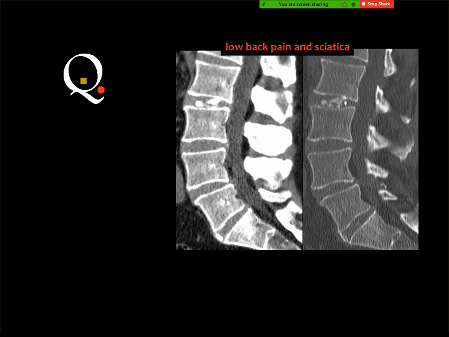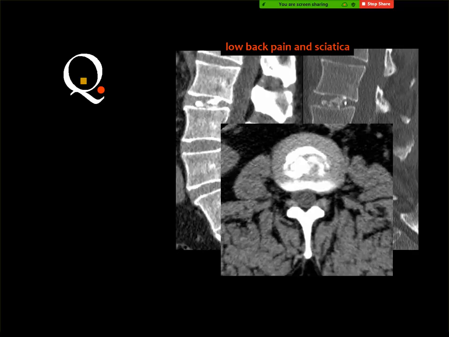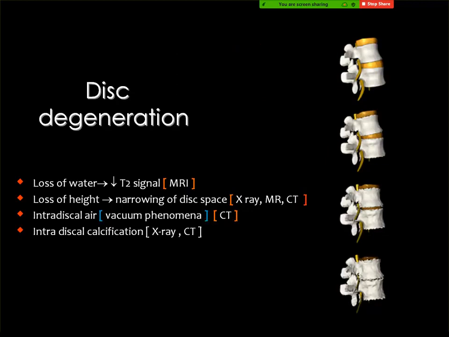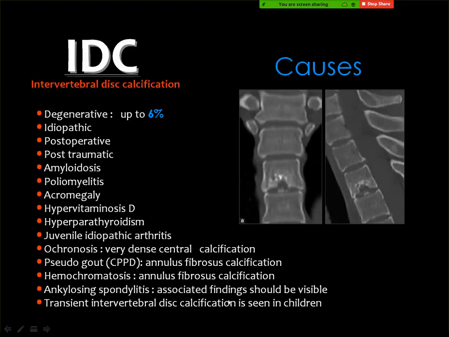This classification. Yes, and this is disc calcification, and here you can see the differential diagnosis of calcified disc. You remember that I mentioned in the degenerative diseases of the spine that the disc degeneration starts by loss of water, then loss of height, then vacuum phenomena, then the disc will later on develop calcification. Actually, we usually see loss of water, loss of height, and vacuum phenomena, but infrequently we see disc calcification.